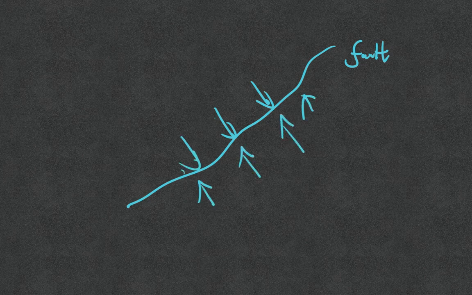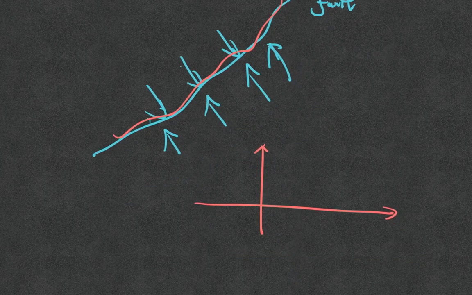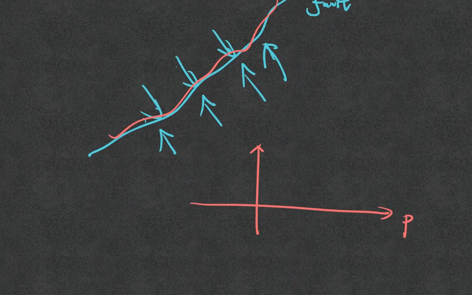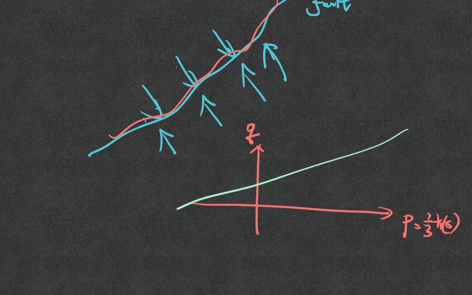So the earth itself has a tectonic pressure pushing the two materials against each other, and there's a pore pressure there. If you know a little bit of plasticity or failure mechanisms, this is the mean pressure. This is the shear stress, and you're assuming that the failure envelope looks like this.